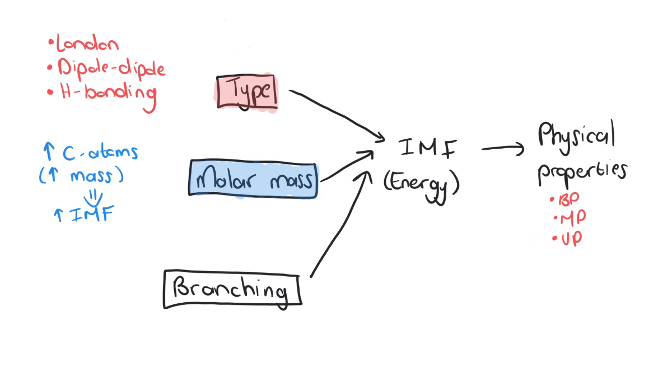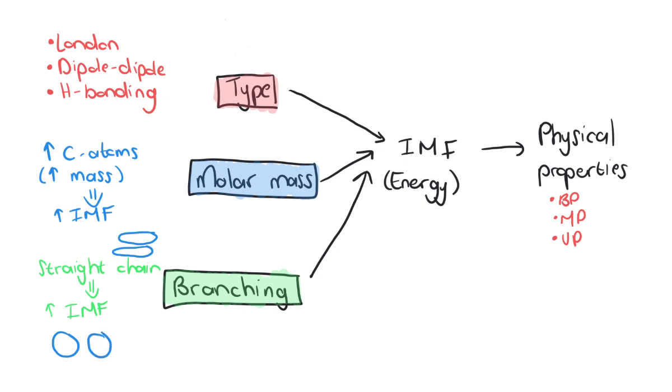And the third factor is your branching. So straight chain molecules can pack closer together. If we look at this, you can pack them closer together, and that leads to stronger intermolecular attractions, because your branched molecules have a more compact shape, almost like a circle.